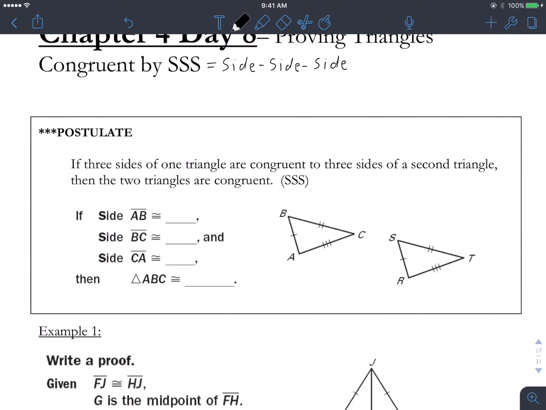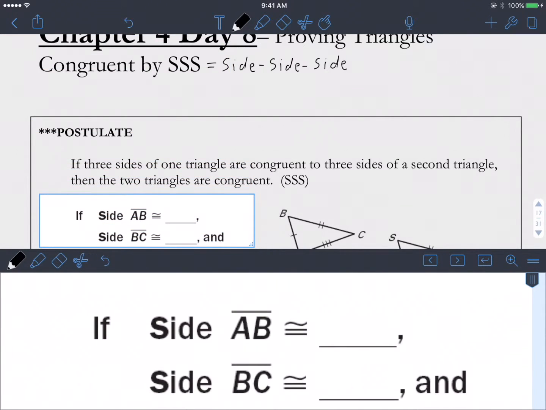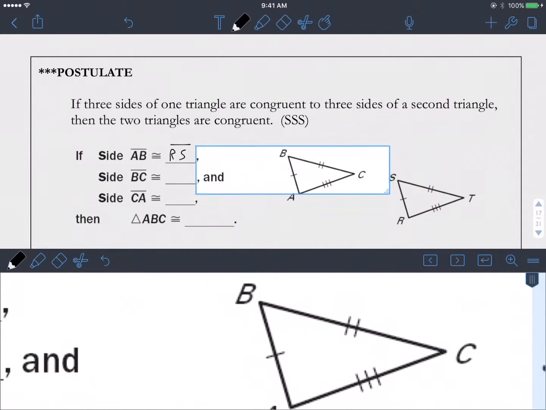So for our first postulate, if 3 sides of one triangle are congruent to 3 sides of a second triangle, then the 2 triangles are congruent. And by looking at our diagram, we have AB is congruent to RS, and we know that by the tick marks.